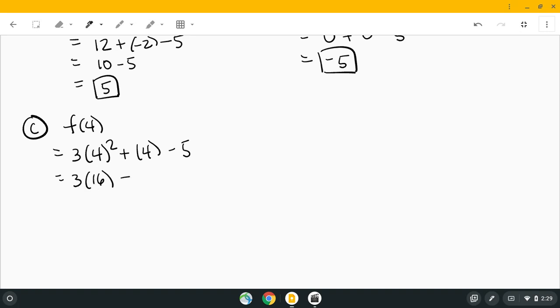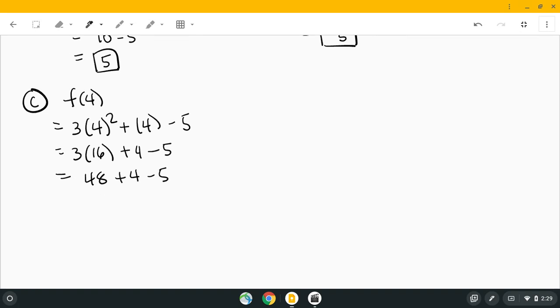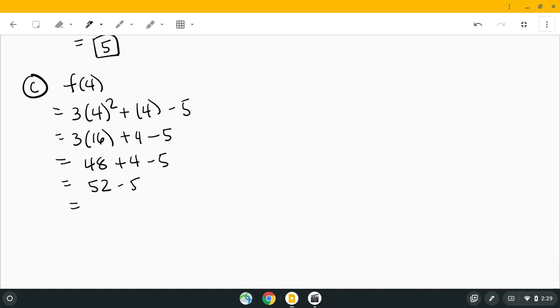So that's 16. 3 times 16 is 48. 48 plus 4, 52. 52 minus 5 is 47. So you should have gotten 47. Okay? If not, go back and check your work, see if you can find your mistake. You should be able to.